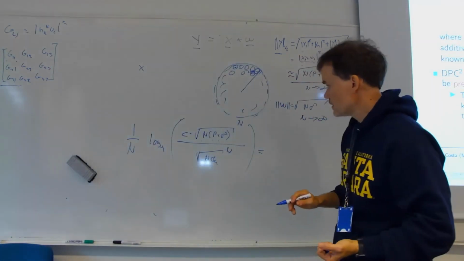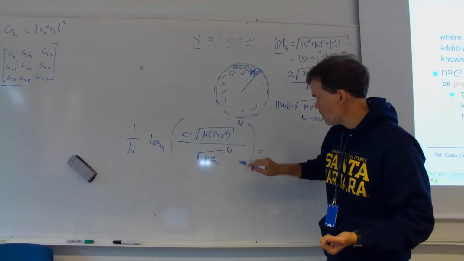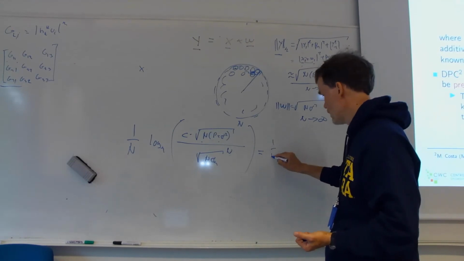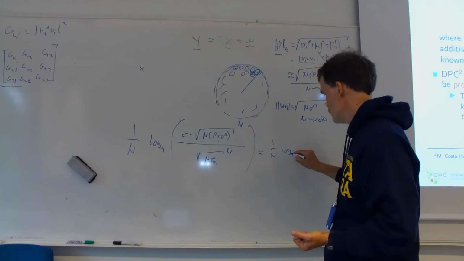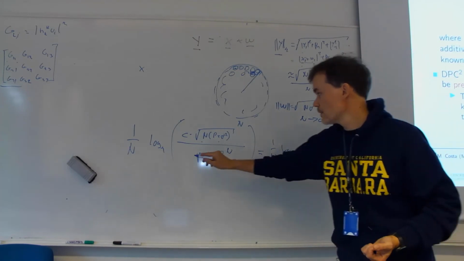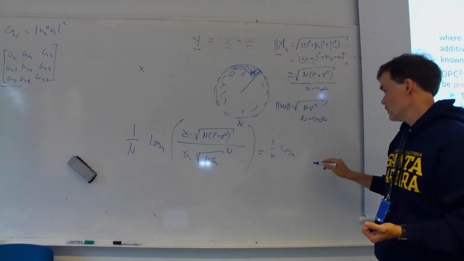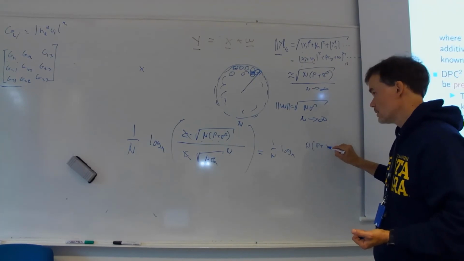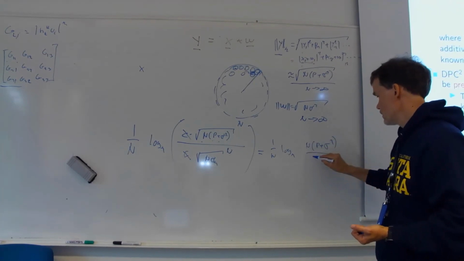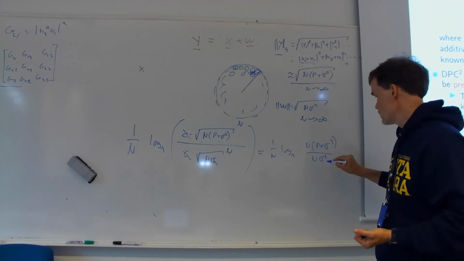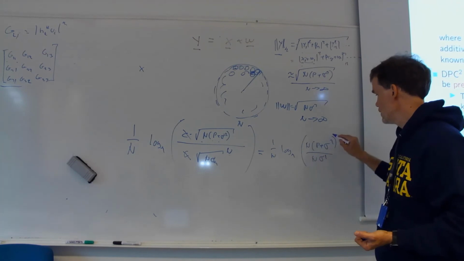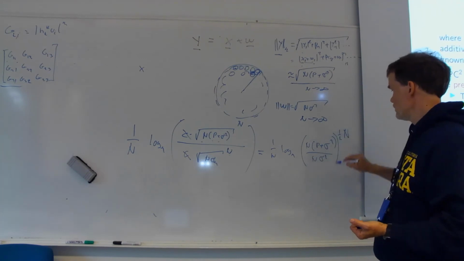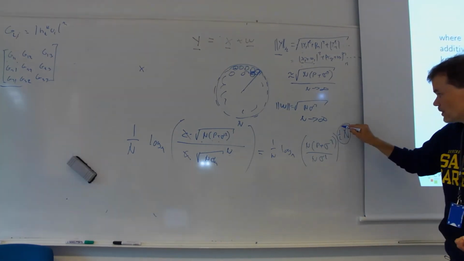Now when we start doing the math, we can of course take the exponents inside. So we have 1 over n log 2 of the square root of (n(P plus sigma squared)) over (n sigma squared), to the power n. These cancel out, and this we can take in front.